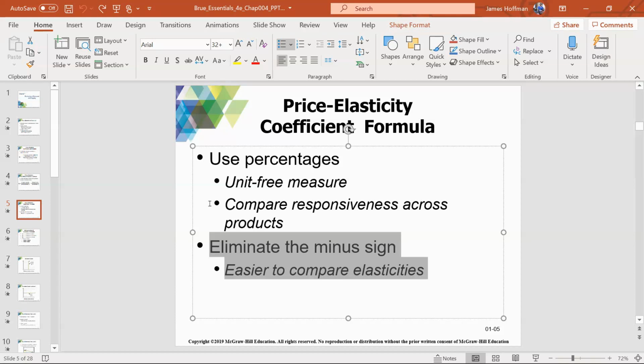I usually just leave the negative sign because it doesn't really affect the interpretation, or you can eliminate it, like they say here. Either way, just know how you're interpreting it. Pretty much all of the elasticities, if you don't take away the negative sign, will be negative because of the inverse relationship between price and demand. But either way is fine.